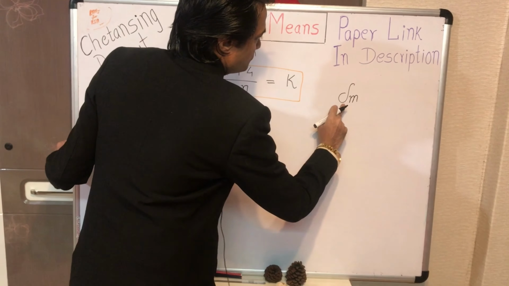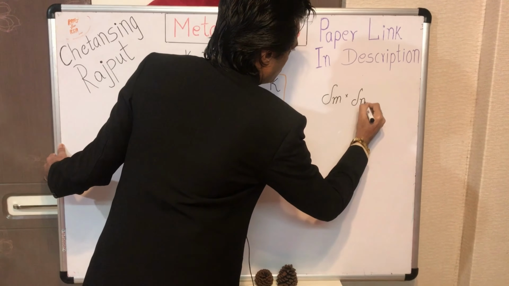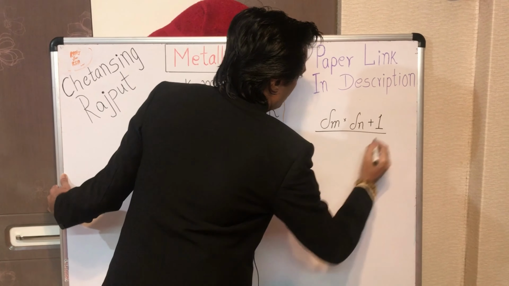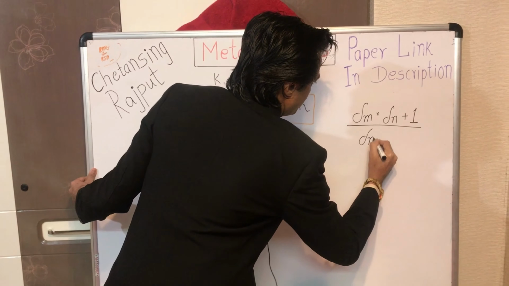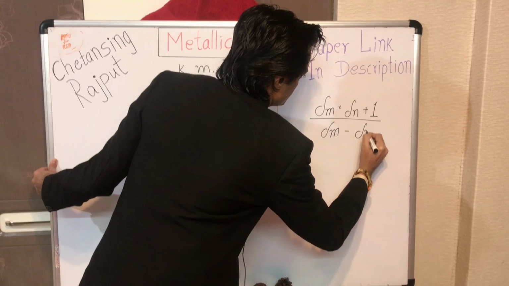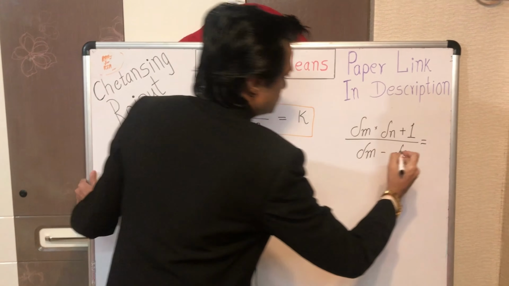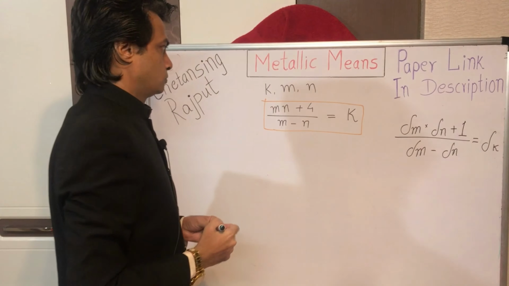the product of the mth metallic ratio and the nth metallic ratio plus 1, upon the difference between these two metallic ratios, delta m minus delta n, precisely gives the value of the kth metallic ratio.